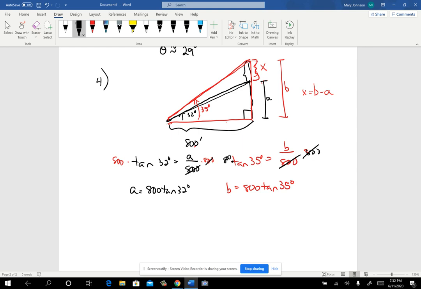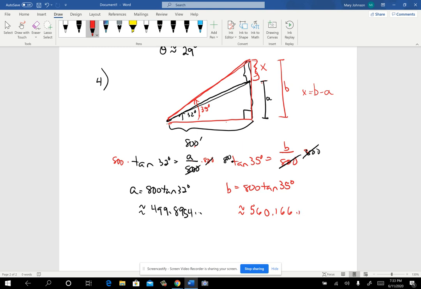Okay. So this A turns out to be about 499.8954, and it keeps on. And then B, let me go up there and change that to a 35, turns out to be about 560.166 and so on, okay?